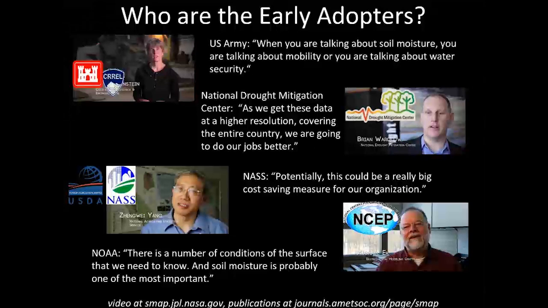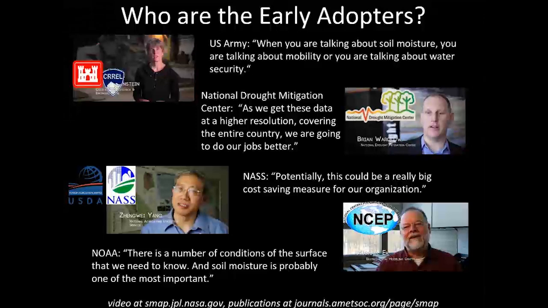And for example, the Army is looking at soil moisture and mobility and really understanding not just water security, but soldier safety. And then you have the National Drought Mitigation Center, which is a huge organization, looking at these data at the higher resolution originally, and now looking at the radiometer to cover the entire country.